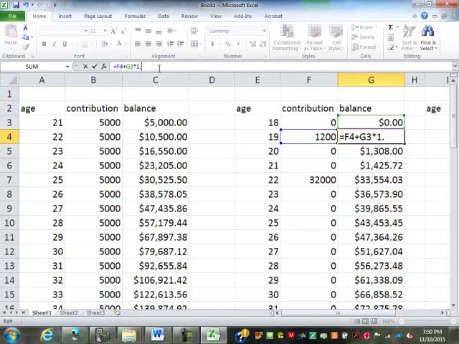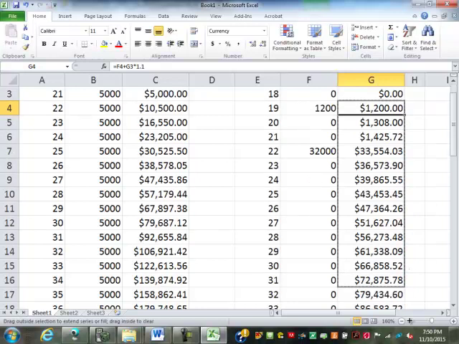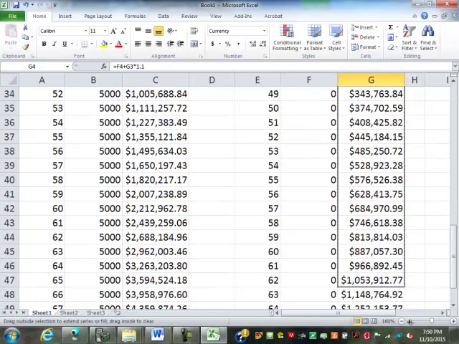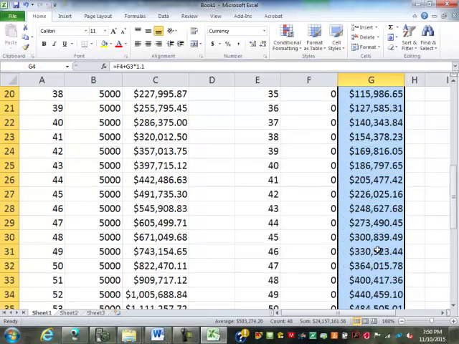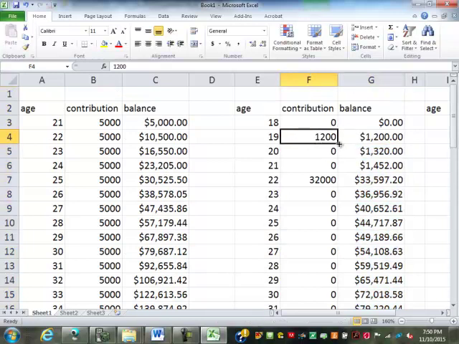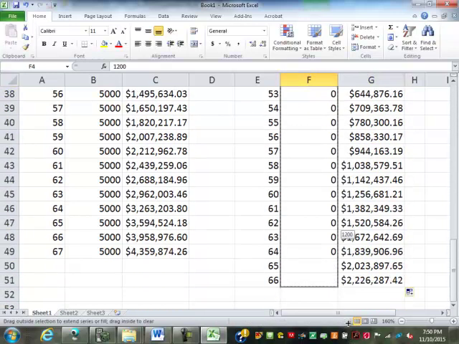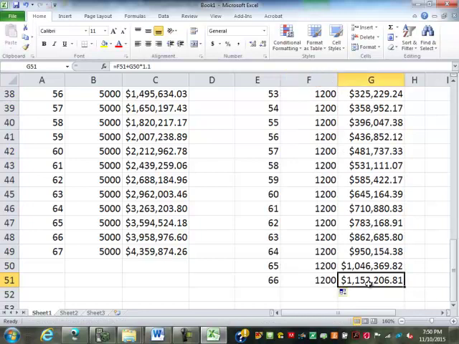But let's put it at 10. We'll keep it a little bit conservative. I'll put this back down, and I'll come back and I'll fill down the 1,200 a year. This is starting at 19. 1,200 a year, you're looking at 1.1 million. That's at 10%.